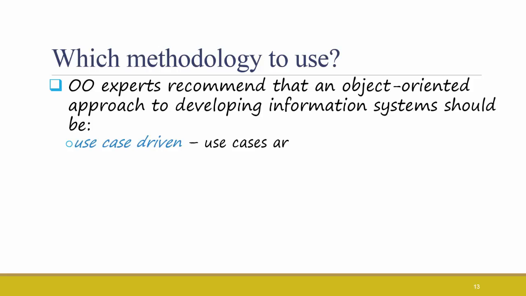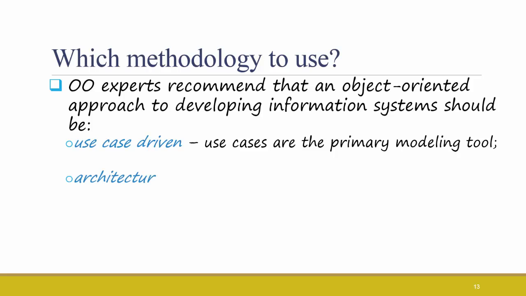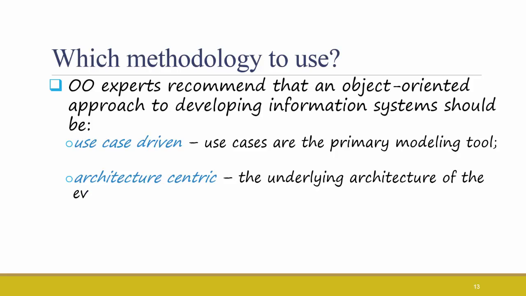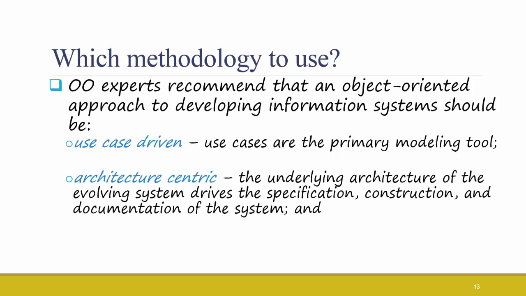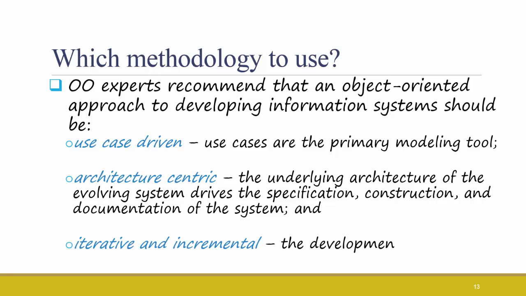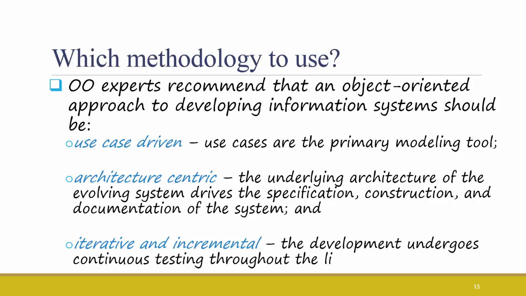First, use case driven, that is, use cases are the primary modeling tool. Second, architecture-centric. The underlying architecture of the evolving system drives the specification, construction, and documentation of the system. And third, iterative and incremental. The development undergoes continuous testing throughout the life of the project. Again, you can see why the waterfall method isn't particularly suited to object-oriented design and programming.